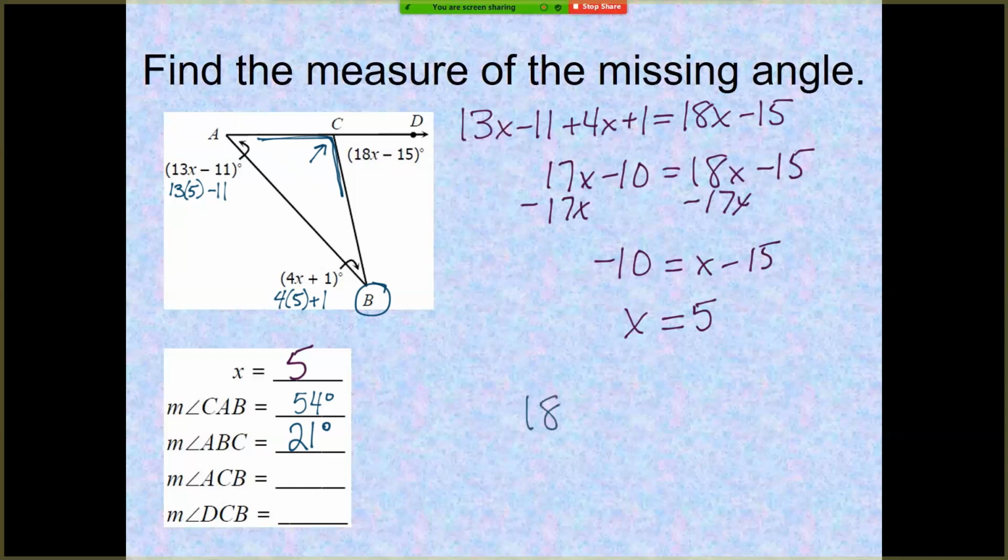So 180 has to equal angle A, B, and C. We just found out that angle A was 54. Angle B was 21. And now we can solve this to figure out that angle C is 105 degrees.